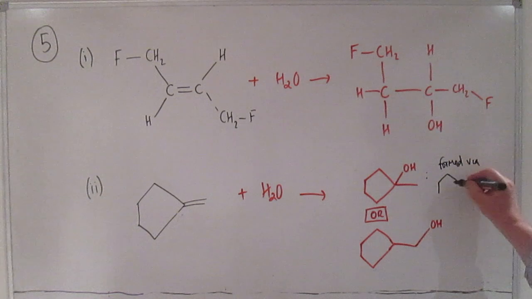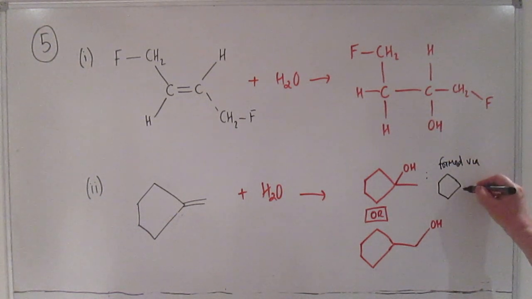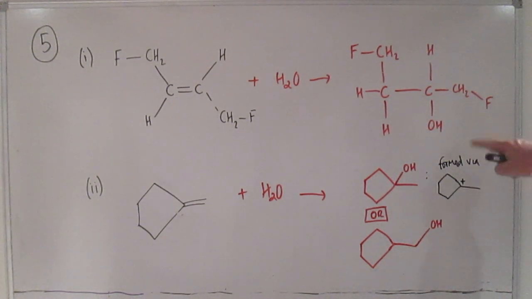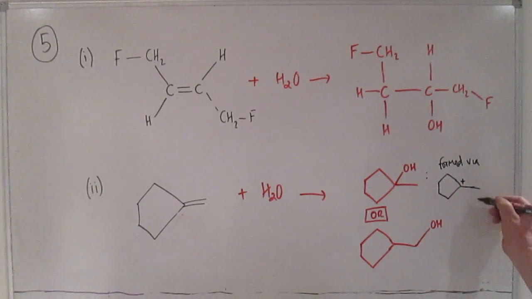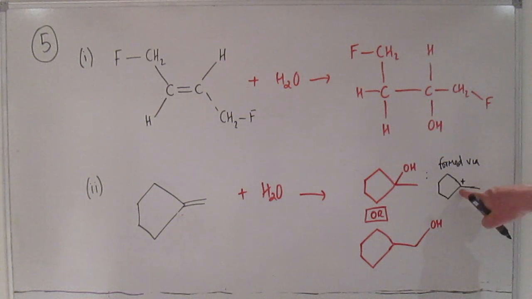So it would be formed via that carbocation has a positive charge there, because remember OH minus is formed in the intermediate stage, which then just bonds on like that. And that is a tertiary carbocation, because the carbon with the positive charge has 3 other carbons attached. Okay, so that product would be formed via a tertiary carbocation.